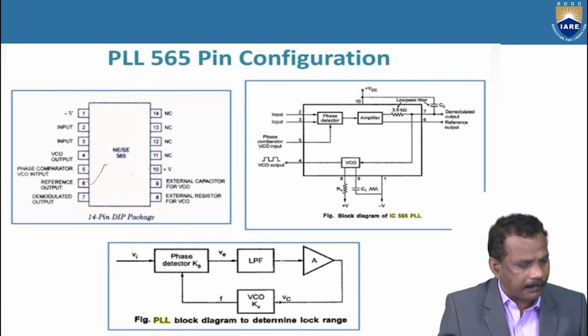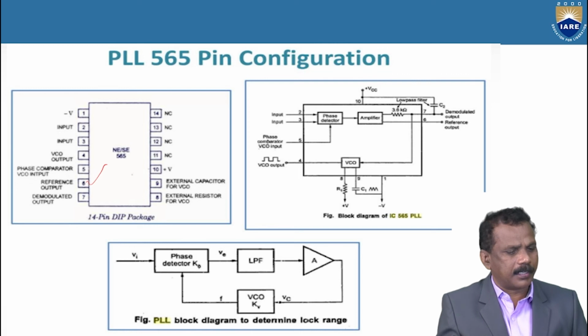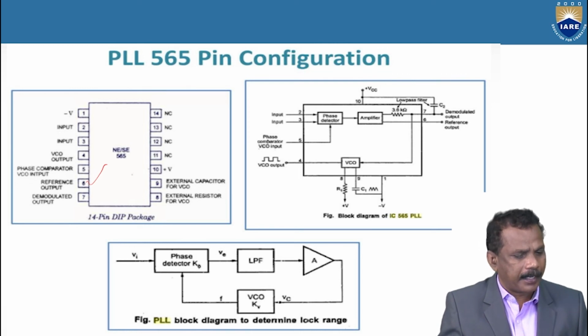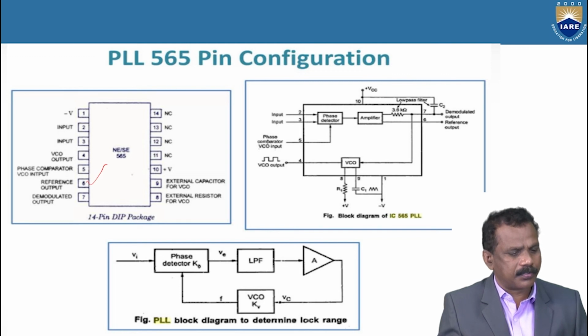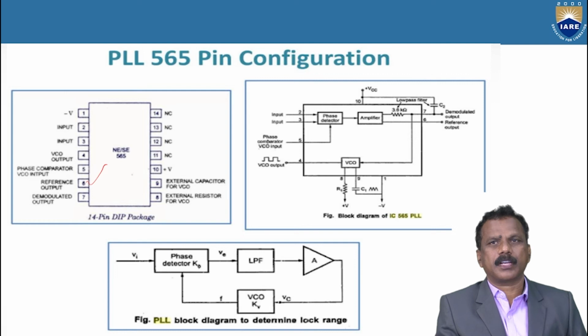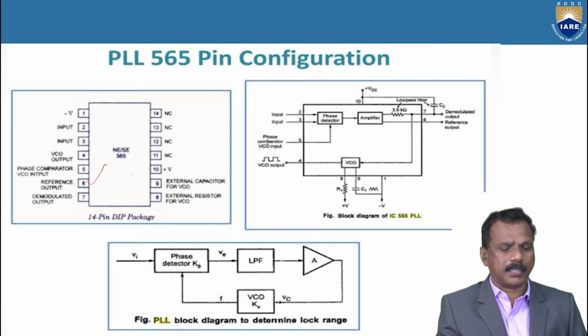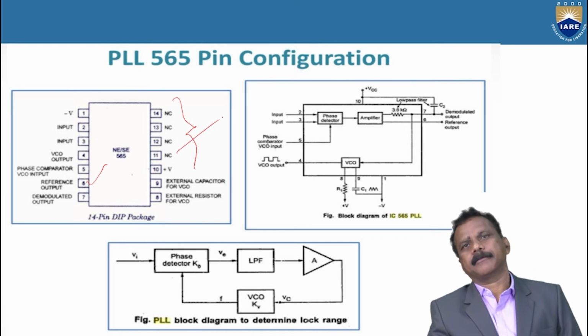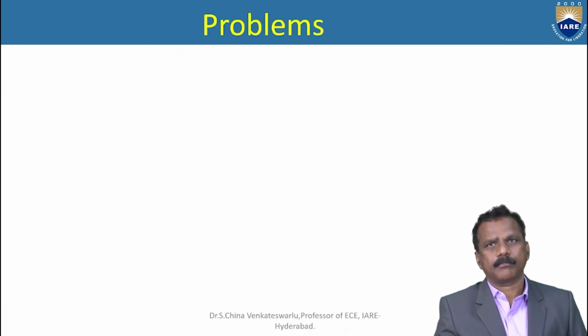Seventh pin is demodulated output, eighth pin is external resistor for VCO. Ninth pin is external capacitor for VCO. 10th pin is plus V, 11th pin no connection, 12th pin no connection, 13th pin no connection. These are all NC, not connected.